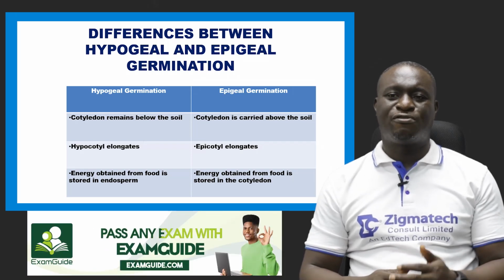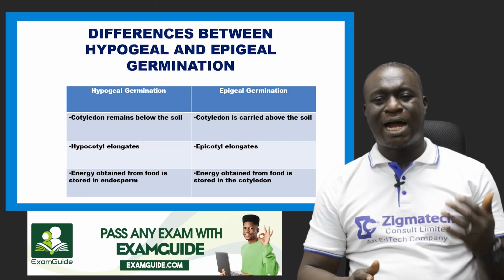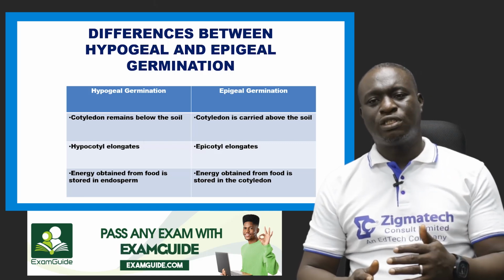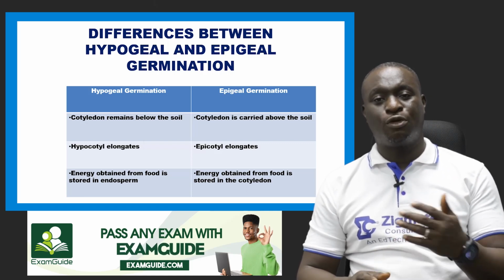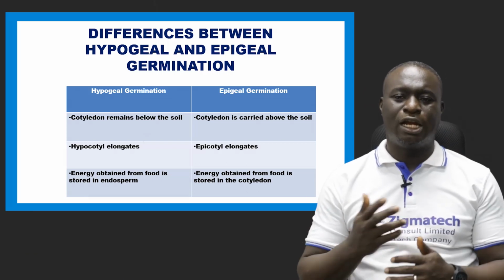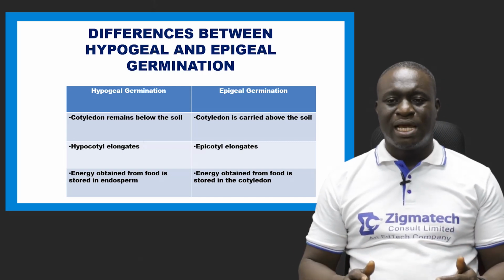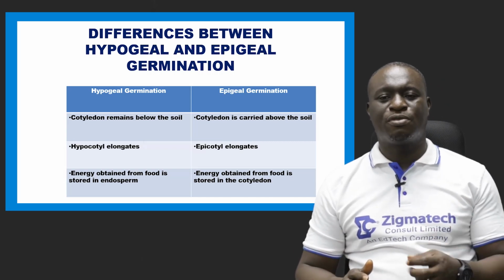And then another difference between hypogeal and epigeal germination is that the hypocotyl in hypogeal germination elongates, while the epicotyl in epigeal germination elongates.